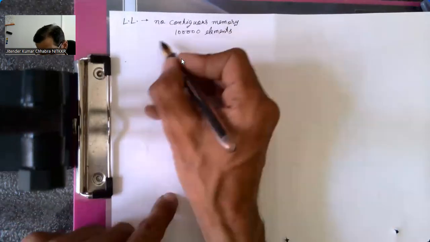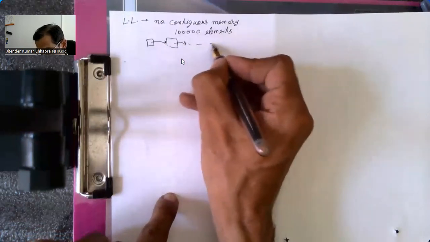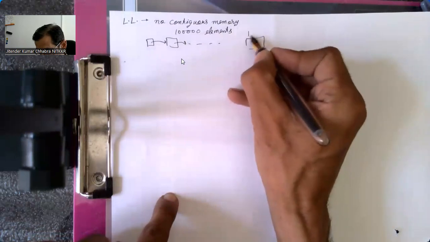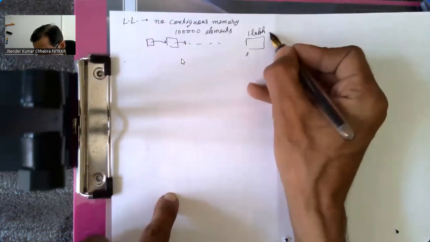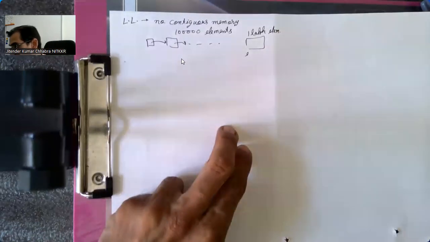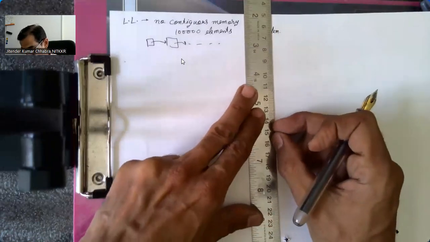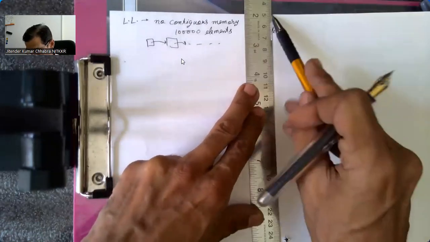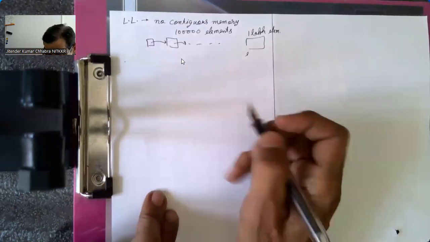I can store one element at one address, another element at another address, and so on, and it could be 1 lakh elements at different addresses. So all that can be another way of doing the same thing. And this is one of the good advantages of the linked list.